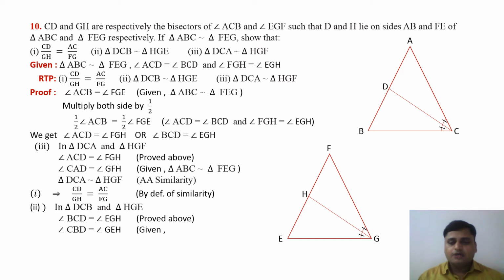This is given because triangle ABC is similar to triangle FEG. So these two triangles again become similar, that is triangle DCB is similar to triangle HGE by angle similarity. In this way we will prove this question.